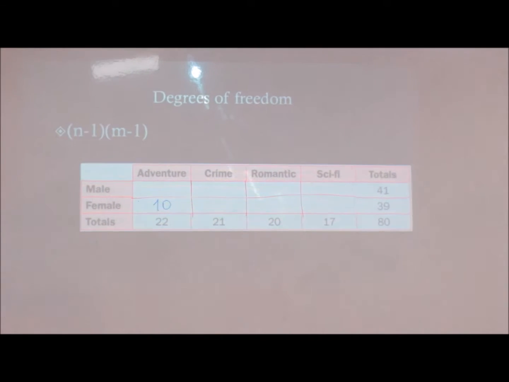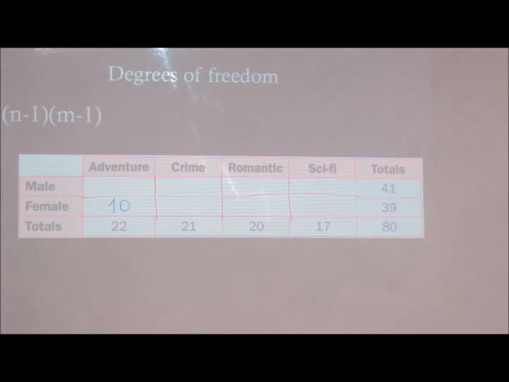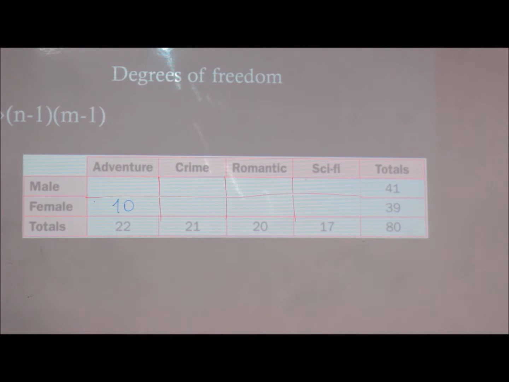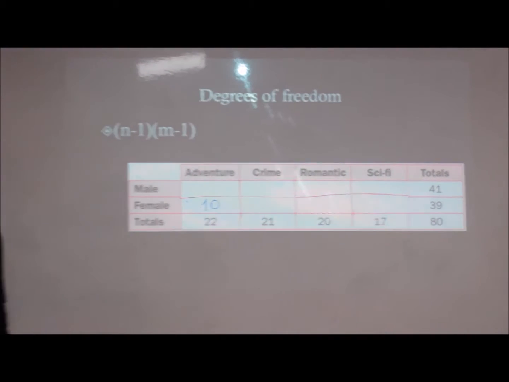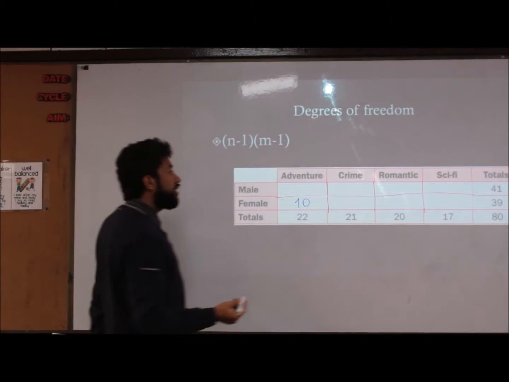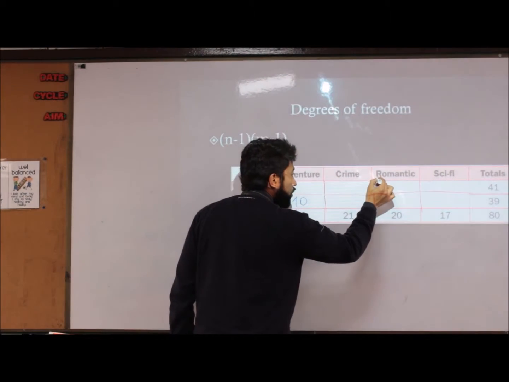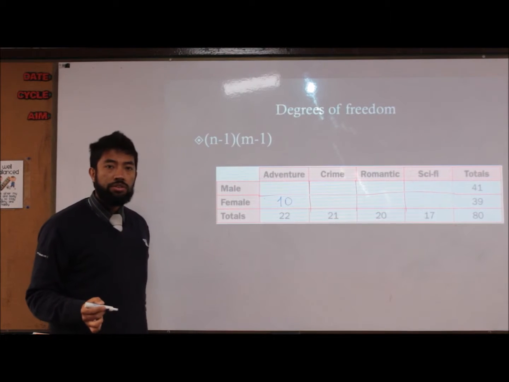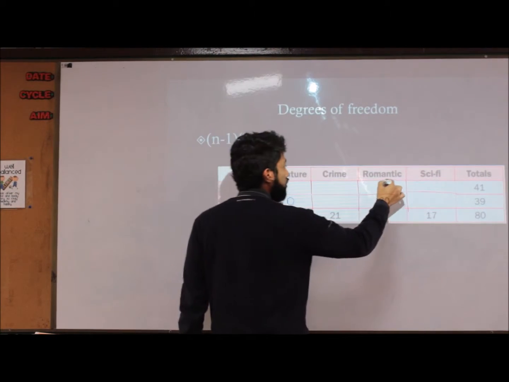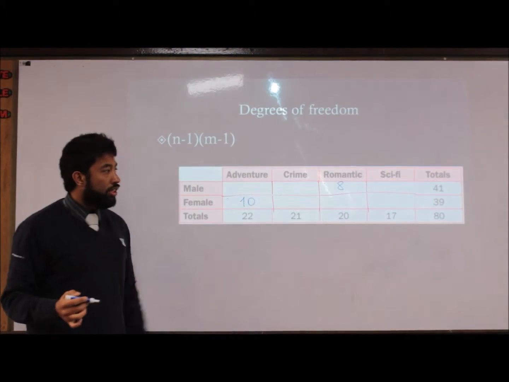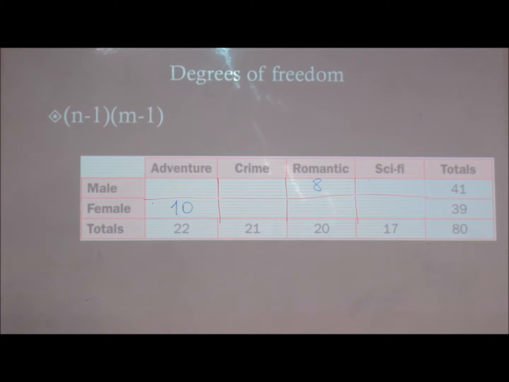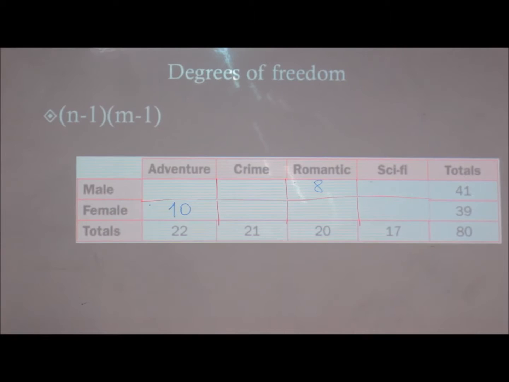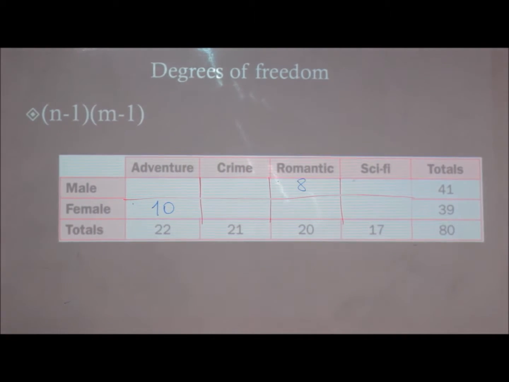Today I want to do it again, but in a different order, because in the last exercise we did it per lines, and it was too evident. Now, Andres, a value for this one. 8. Does it make sense? Yes. Less than 20, less than 41. And up to this point, I have 2 free values.